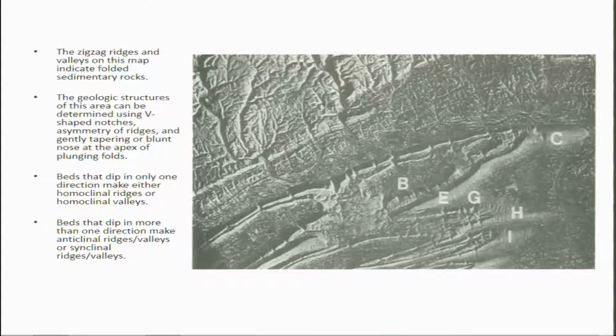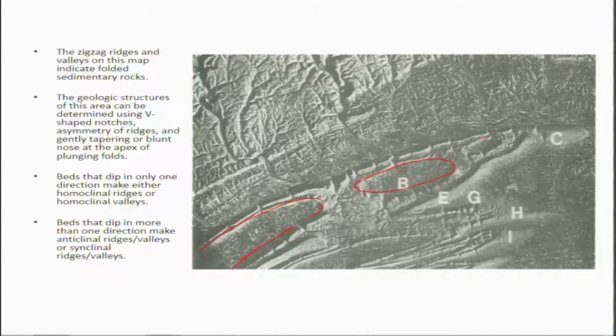In this photo you can quantify the areas which have very flat top terrain like this and this part B. Another important thing is that it shows the asymmetry of the ridges as well as V-shaped notches, and there is a gently tapering nose at the apex of a plunging fold.